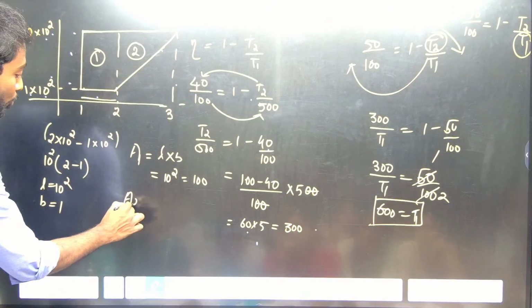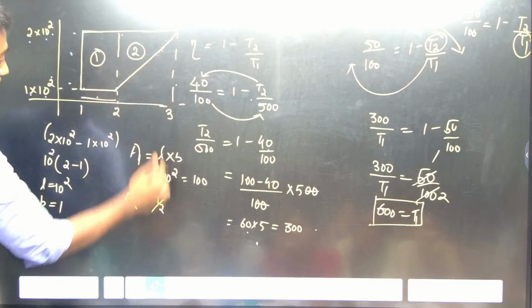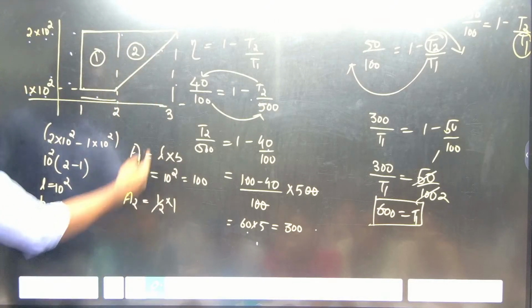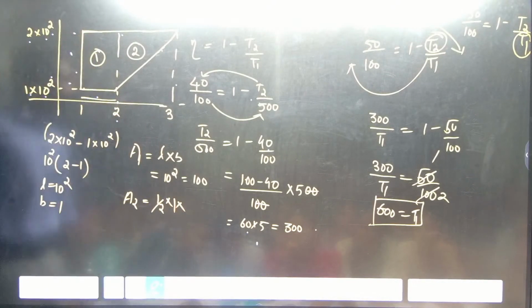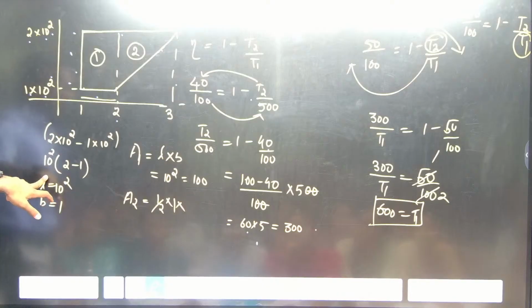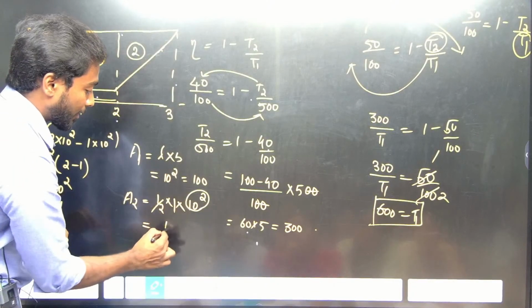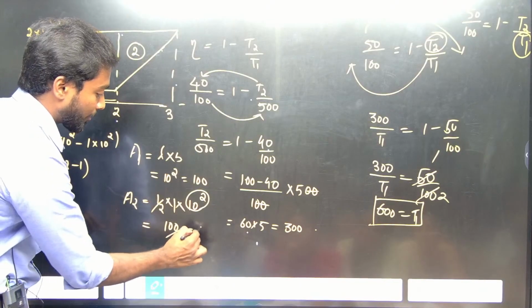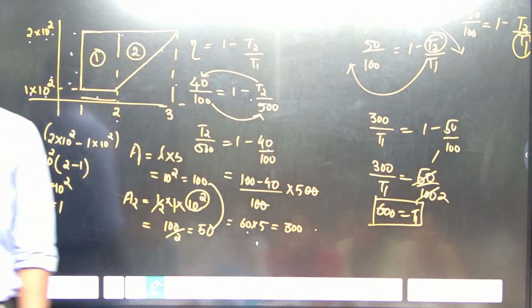Similarly, area 2 will be half into base into height, like a triangle, no? What is the base here? 1, 3 minus 2 is 1 only, no? And the height is again 10 power 2. Already we got that. So 10 power 2 is nothing but 100 divided by 2, which is nothing but 50. So 50 plus 100 is 150. That's the answer.